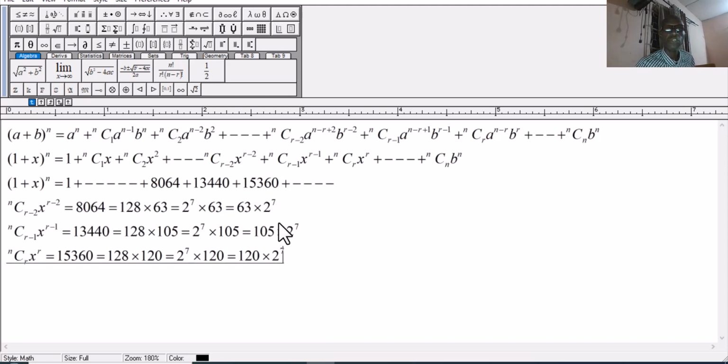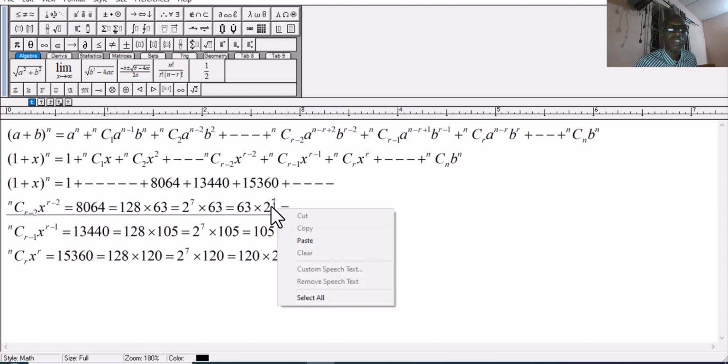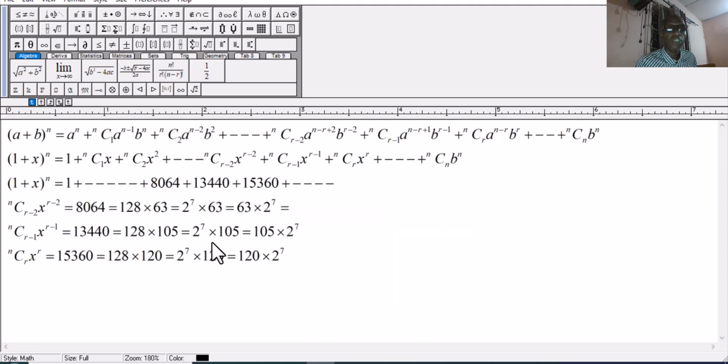Now just take note of why I'm doing it this way: 2 raised to the power of 7 is when this was x raised to the power of r. You will notice that I have 2 raised to the power of 7, which is the common one. But according to the formula, it's supposed to be r minus 2, this is r minus 1, and this is r.